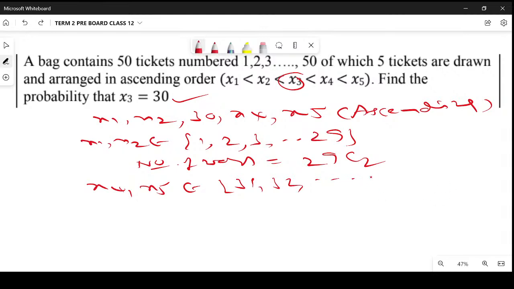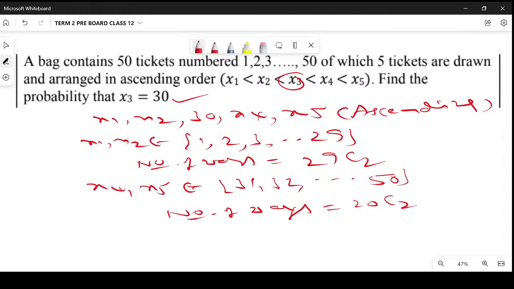So to select x4, x5 from these 20 numbers, the number of ways is 20C2.